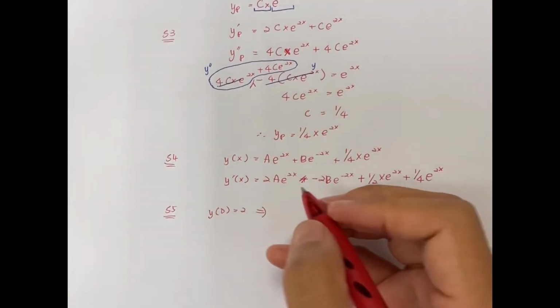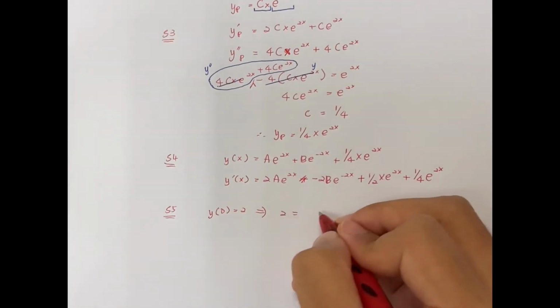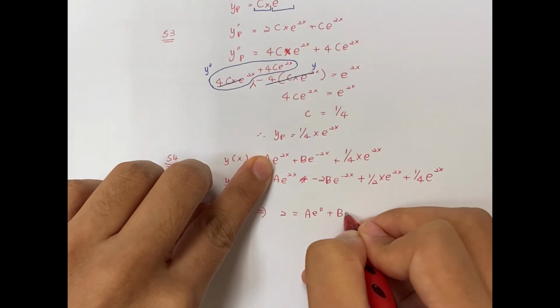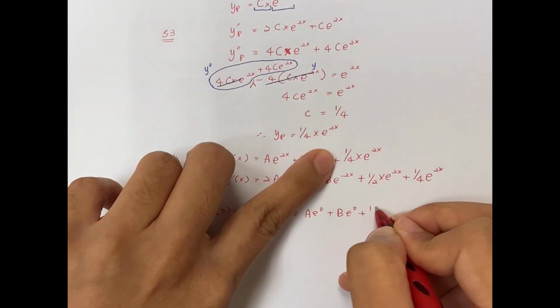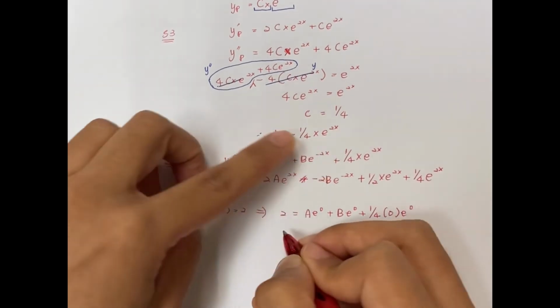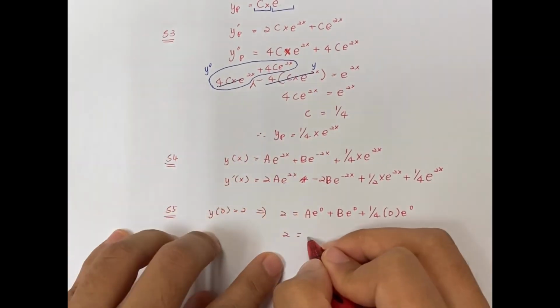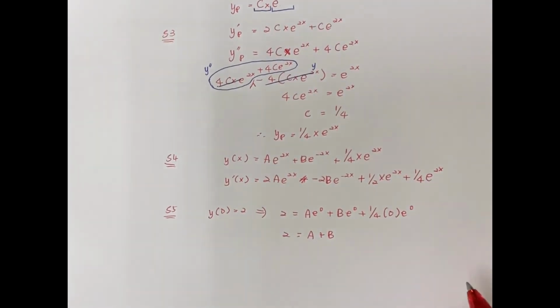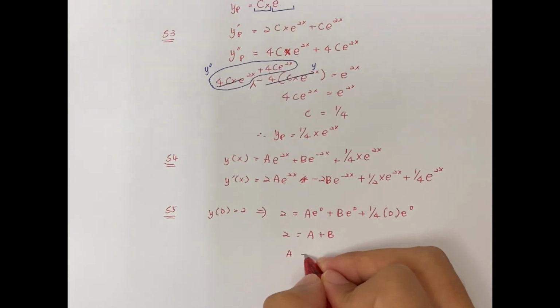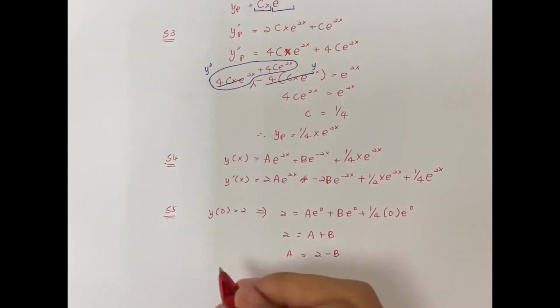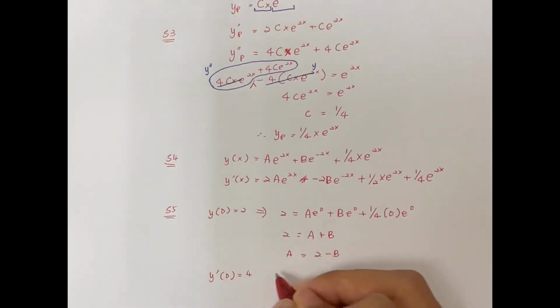Okay. In the fifth step, you have 2 equal to A e^0 plus B e^0 plus 1 over 4 multiplied by 0 times e^0. So 2 is equal to A plus B, and A is equal to 2 minus B. Okay, for y prime 0 equal to 4.